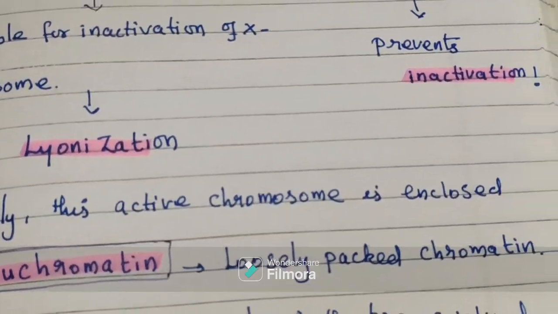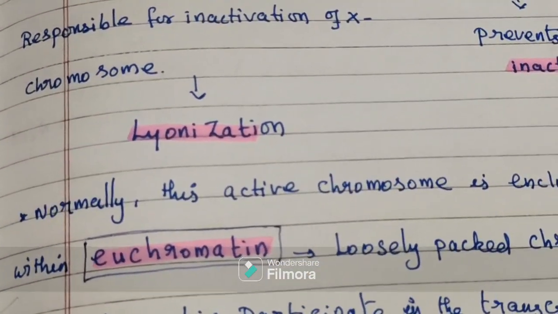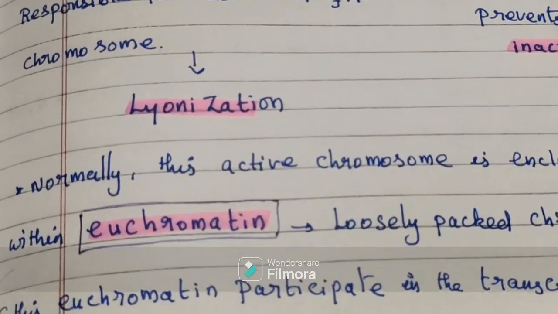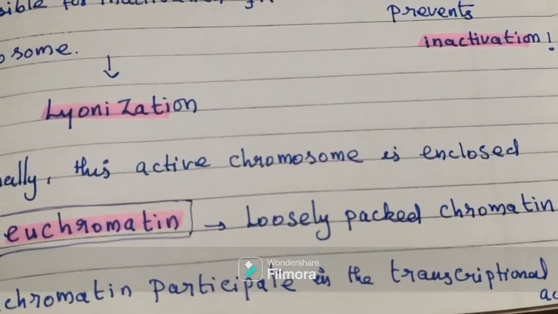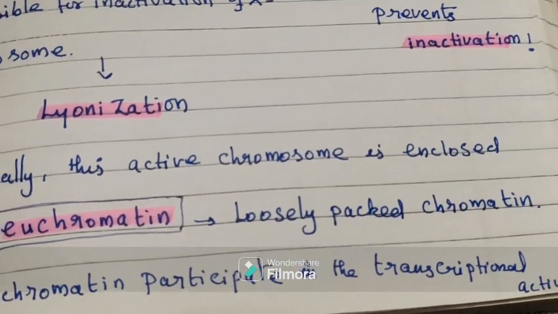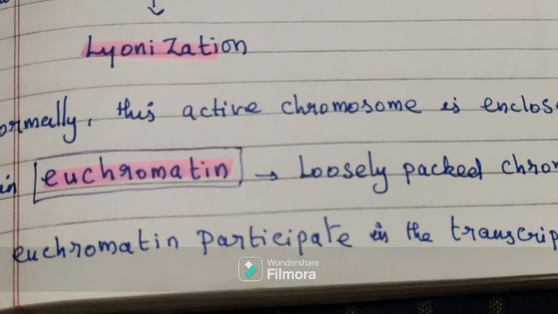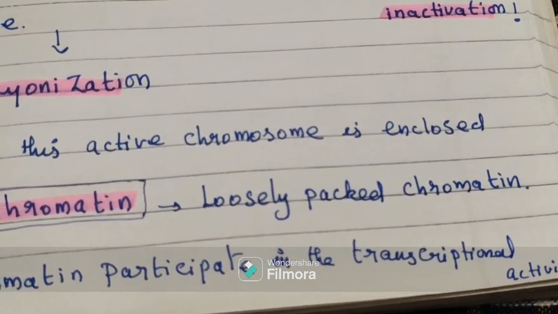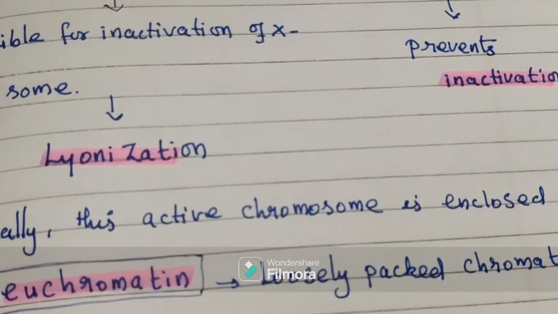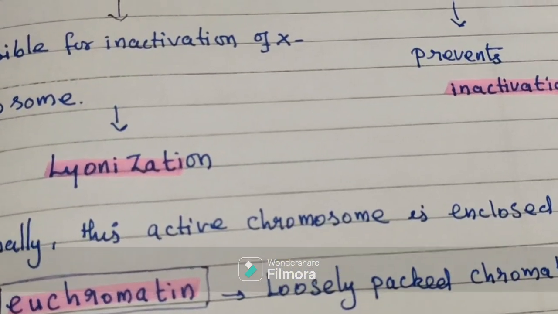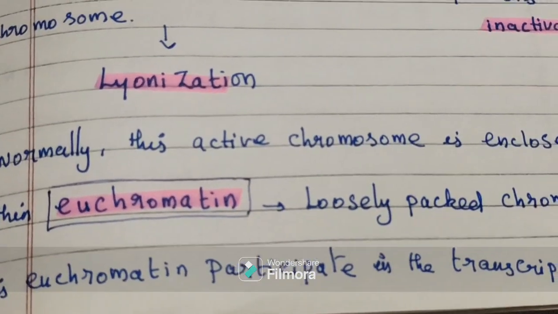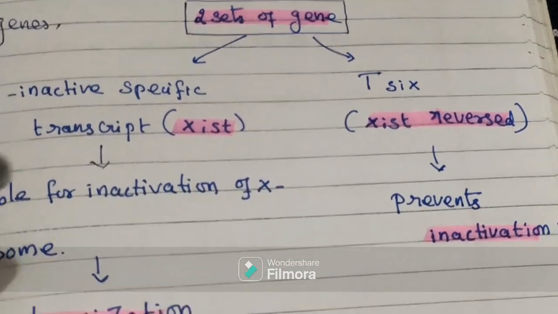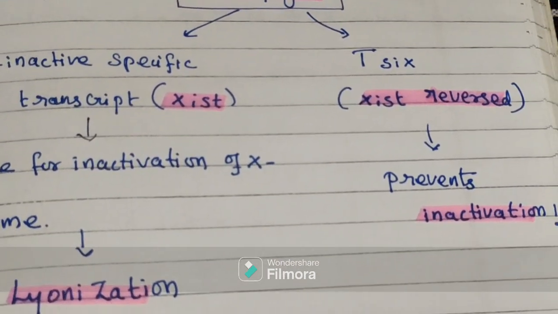Normally, an active chromosome is enclosed within euchromatin, which is loosely packed chromatin, and this euchromatin participates in transcriptional activity. In a given nucleus there are active chromatin and inactive chromatin.